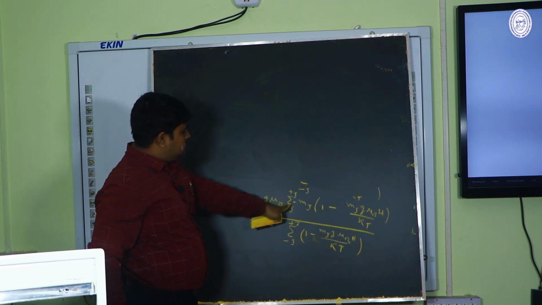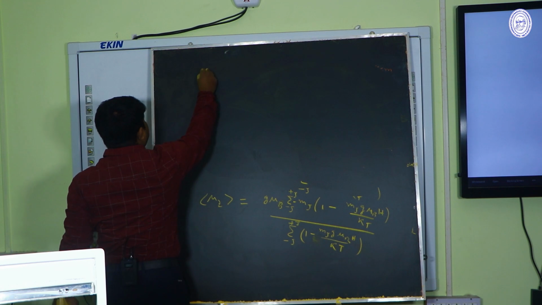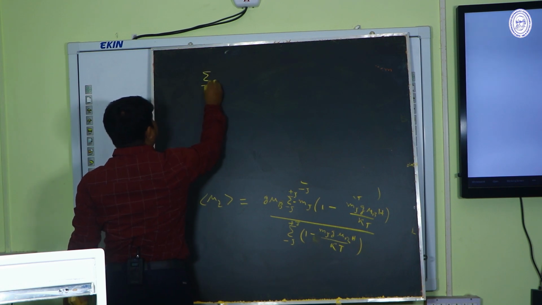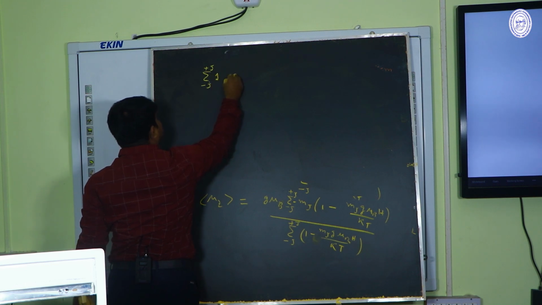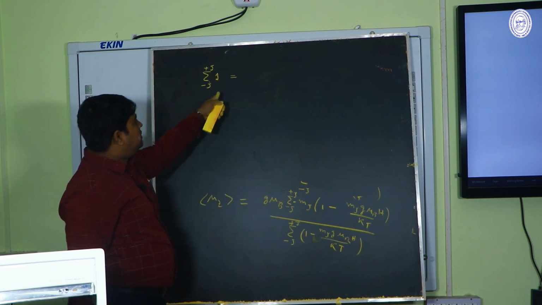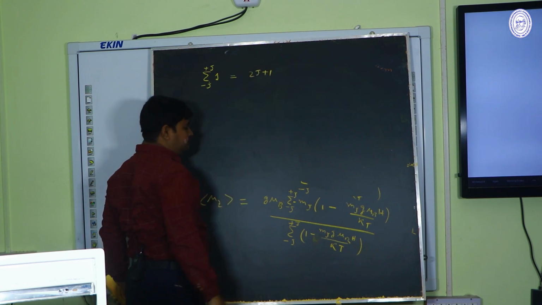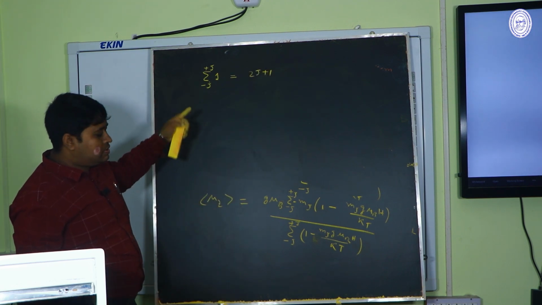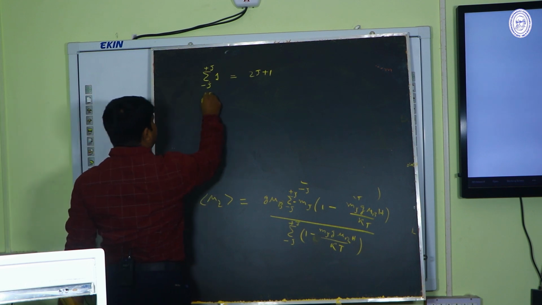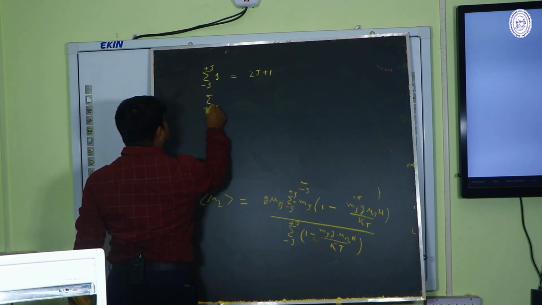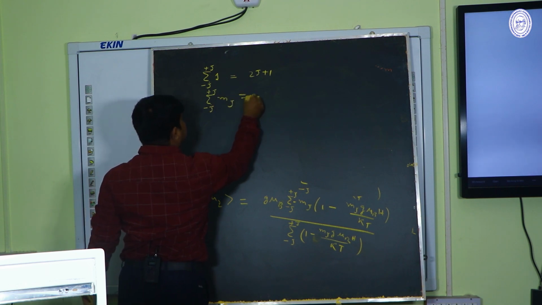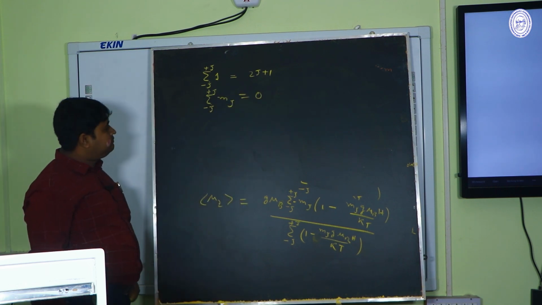Now the summation from minus j to plus j of 1 is equal to 2j plus 1, as I told earlier. The summation of mj from minus j to plus j is equal to 0.